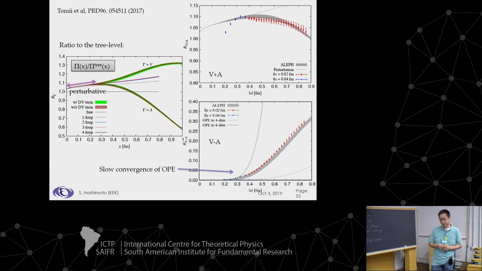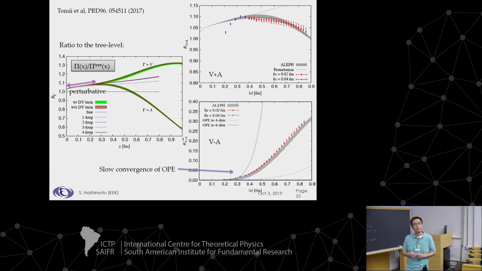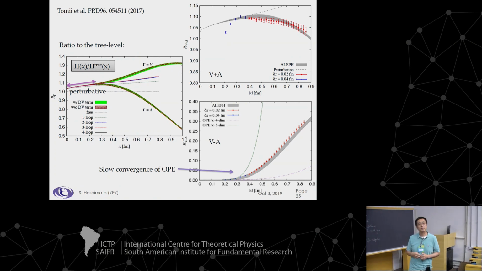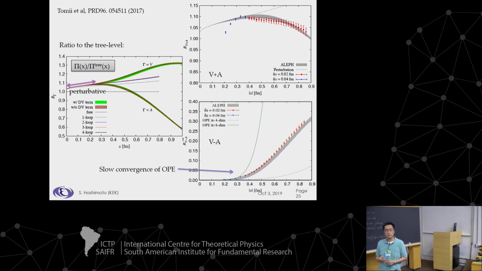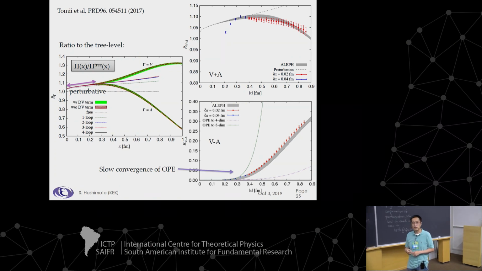My first guess, based on experience with the vector and axial vector two-point functions, would be that you wouldn't really fit the data better for a much bigger region, but we don't know that. And if you did a fit with just dimension 6 and 8 and the known dimension 4, and it worked for a wider range, that would be interesting, because it would say that the V minus A OPE is actually converging relatively quickly at low dimension. I don't think that's probably the case, but if it's not, you would certainly see that including dimension 8 would hardly change the picture at all. Okay, thank you.